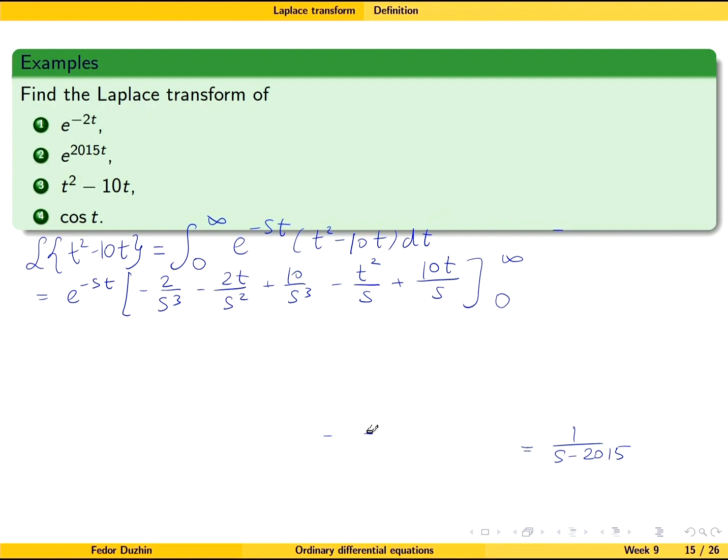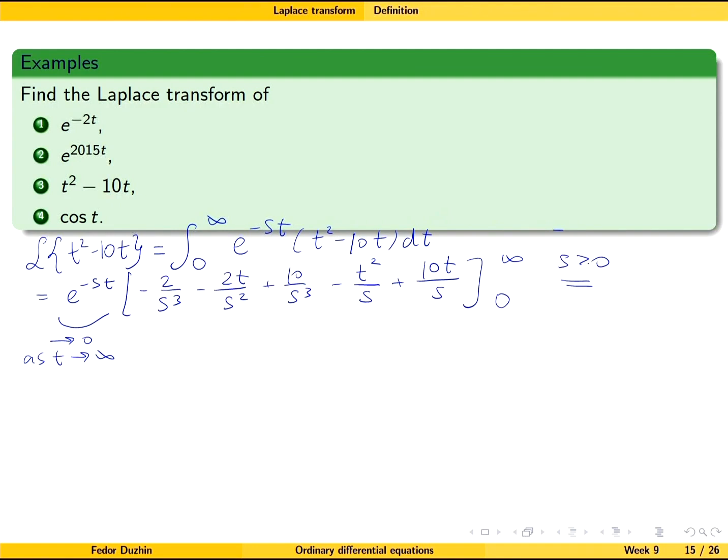But then notice that when t approaches infinity, the only way for this to be defined is that you need this thing to approach 0 as t approaches infinity. So in other words, in order for this to even be defined, s has to be positive.